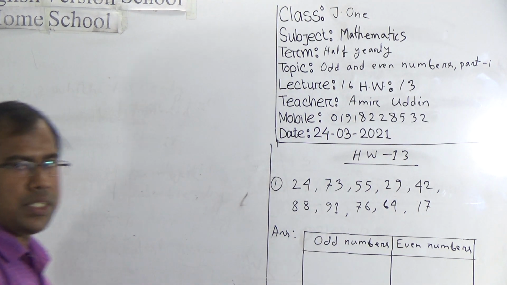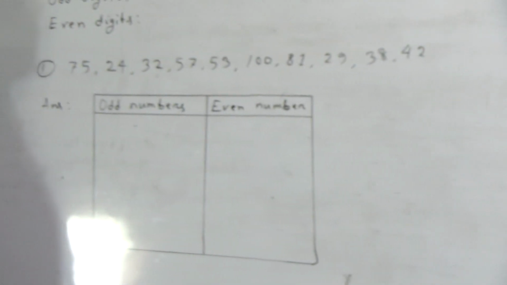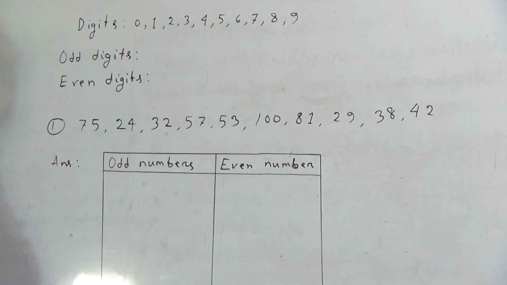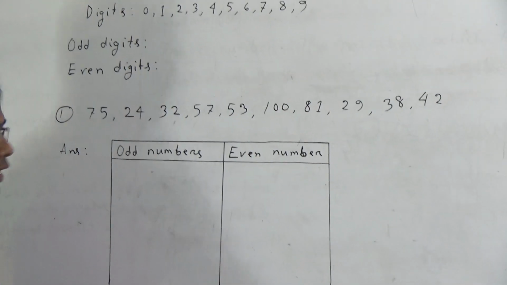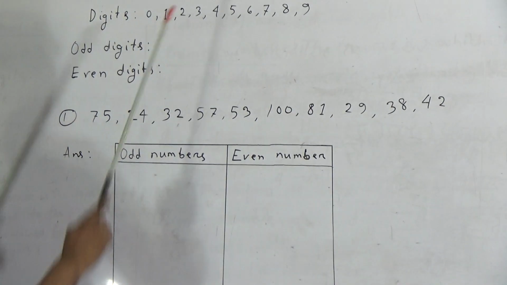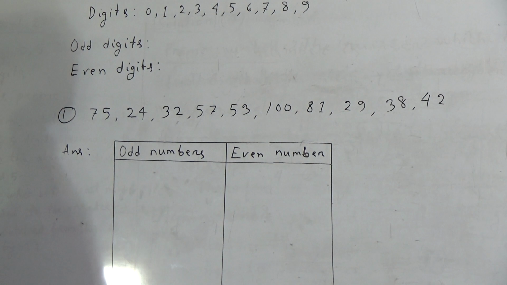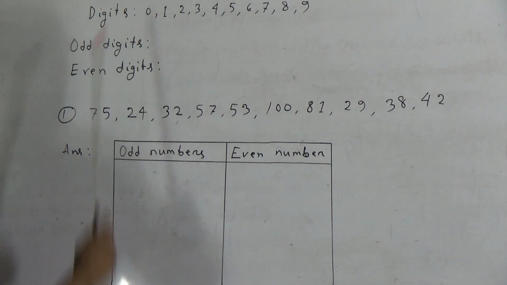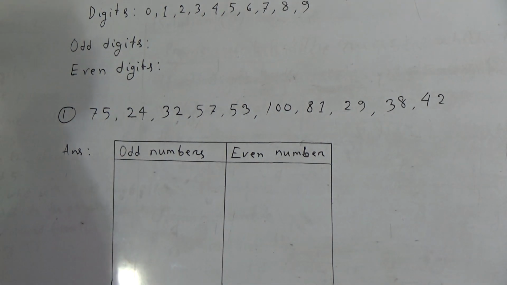Okay, dear students, let us start our today's class. At first we want to know what are odd numbers and what are even numbers. Here, I have written 10 digits. You know that for expressing any number in mathematics we use these 10 digits. We can divide these 10 digits into two parts: 5 digits are odd digits and another 5 digits are even digits.